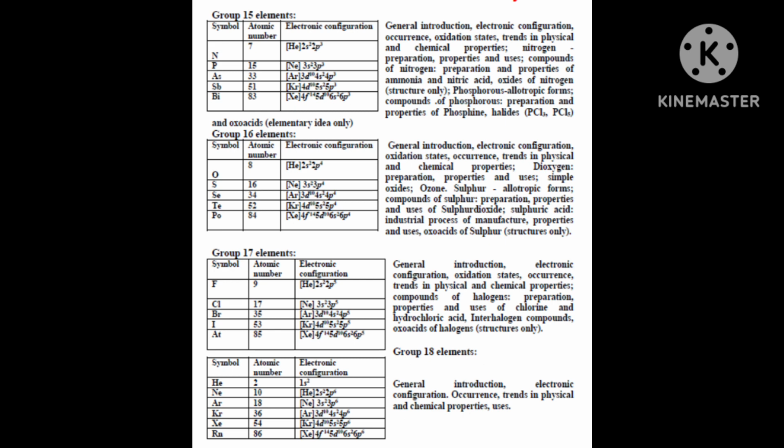In a complex compound, a central metal ion will be there, maybe chromium, maybe nickel. The groups attached to the central metal ion are called ligands.